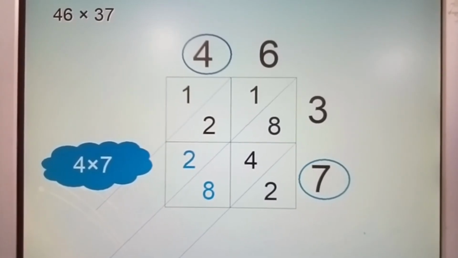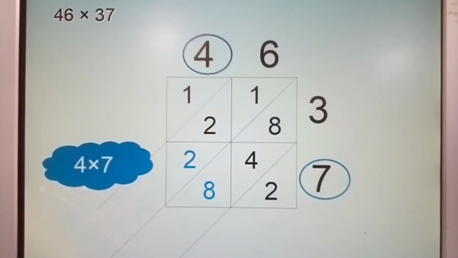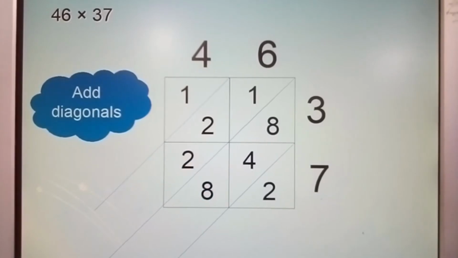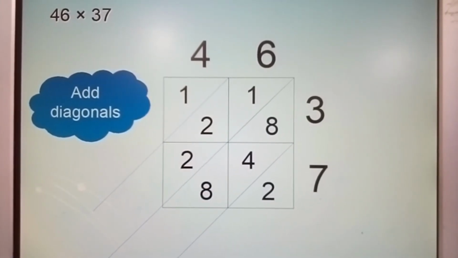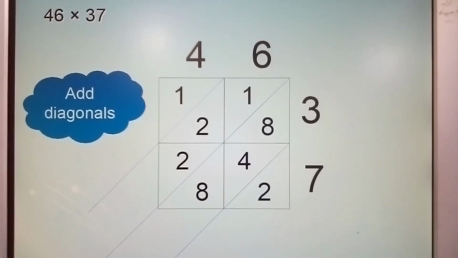Now what? Well, we need to add these up in order to give us a value. So let's have a look. Add the diagonals.